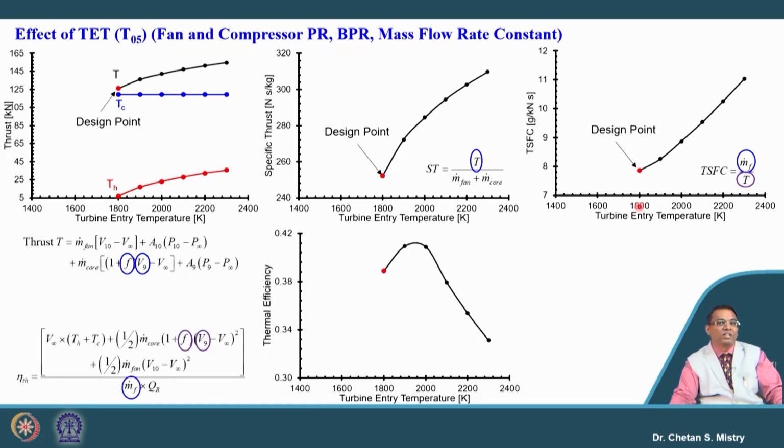And here this is representing the change of thermal efficiency. Similarly, if you are looking for increasing your thermal efficiency, then you need to compromise somewhere in terms of thrust specific fuel consumption, somewhere you need to compromise in terms of specific thrust. Okay, and that is the reason why we need to be very careful.